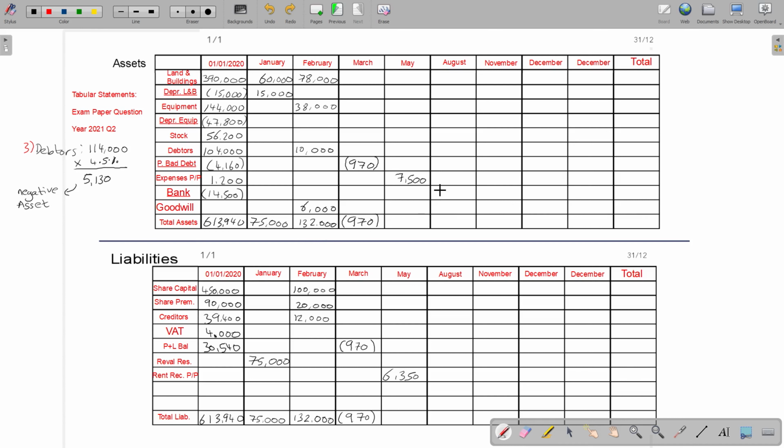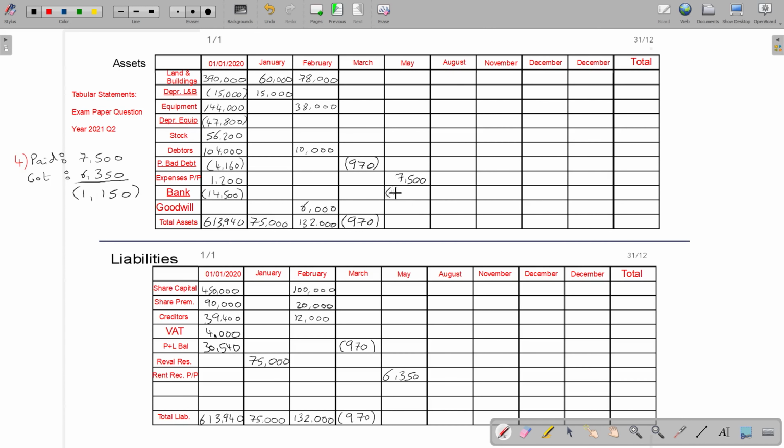Now, the difference between these two will have to go into our bank account. So if we paid out 7,500 and we received 6,350, we actually lost money, or our net in our bank account is 1,150.